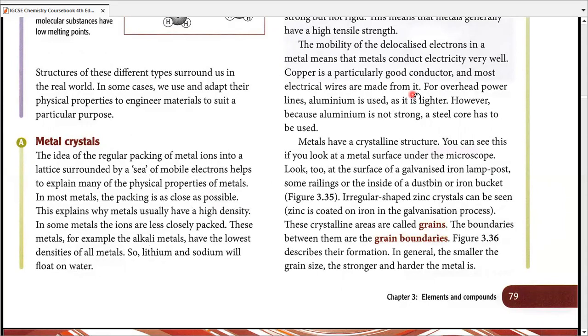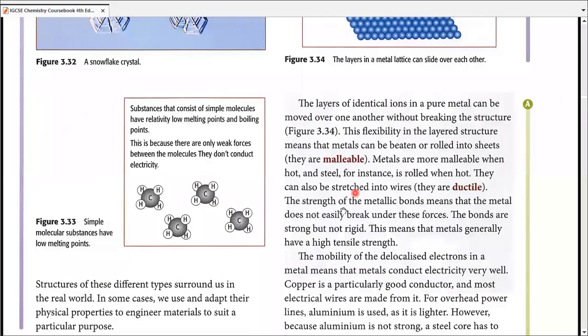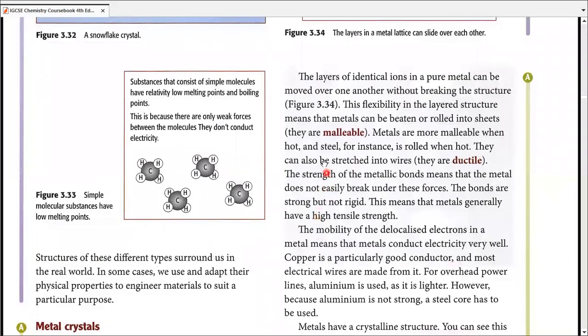But apart from that, when we usually talk about metallic crystals, we talk about the transition metals, which are hard, which are strong, which have high density, high melting and boiling points. Now their structures are based on layers. If we apply some force without breaking the structure, the layers are flexible enough to roll on one another.